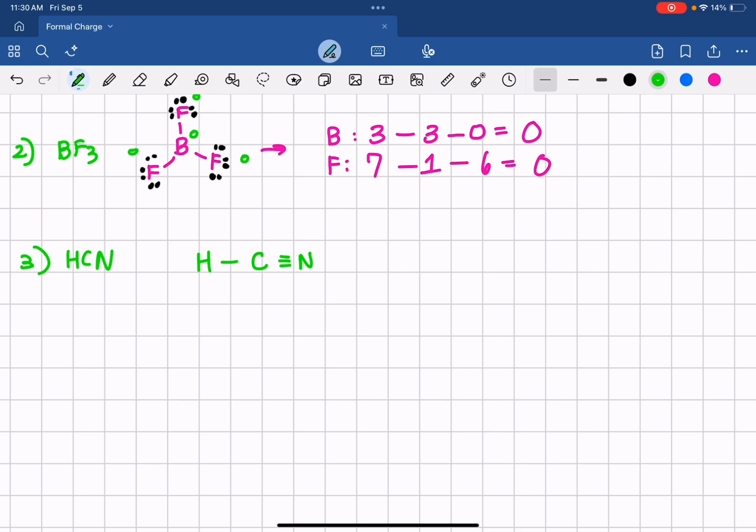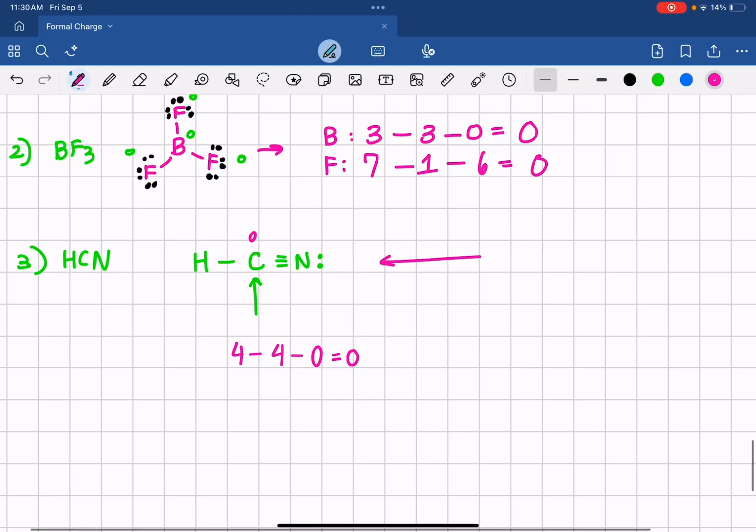Let's add 2 electrons to make it 7, 8. Carbon, let's calculate its formal charge, which would be 4 minus how many sticks, or how many bonds is it connected to? 1, 2, 3, 4. It has 4 sticks. Minus how many non-bonding electrons, or dots? It has 0, giving carbon a formal charge of 0.